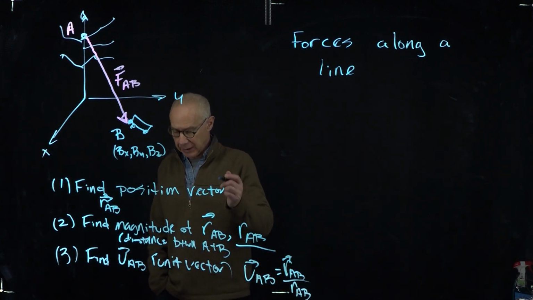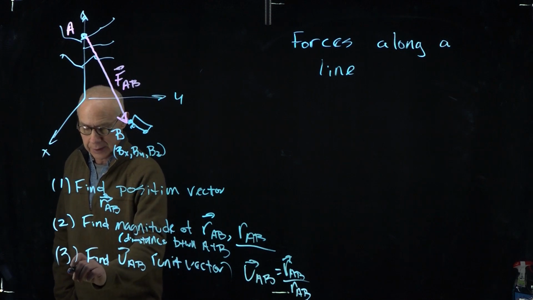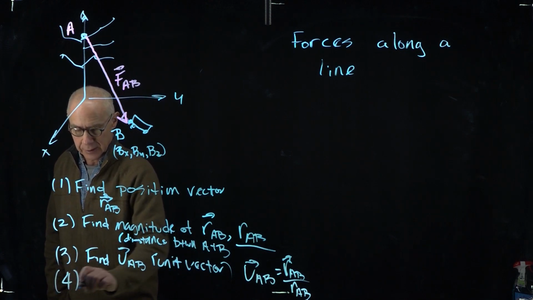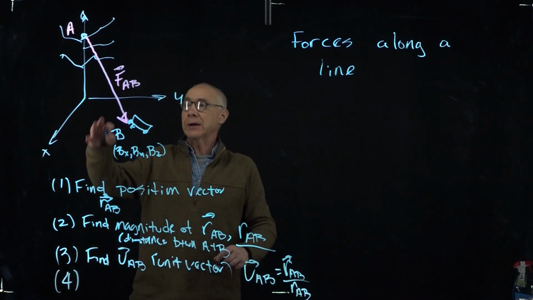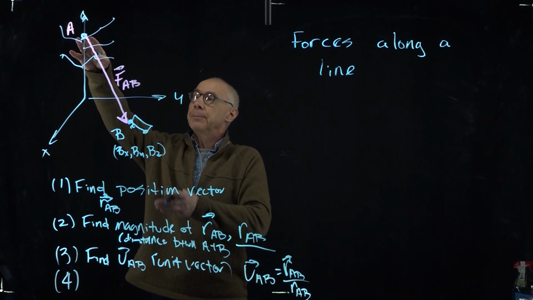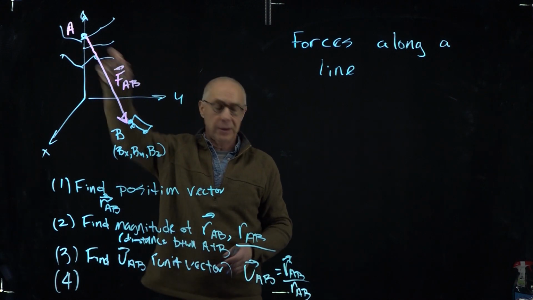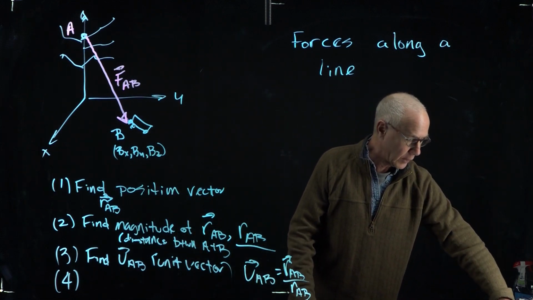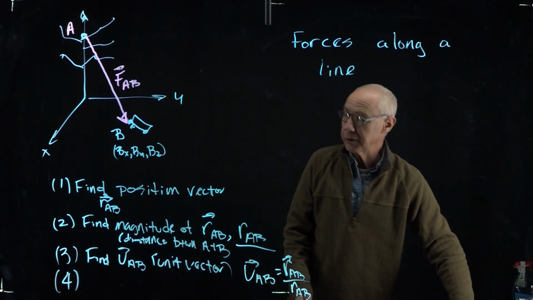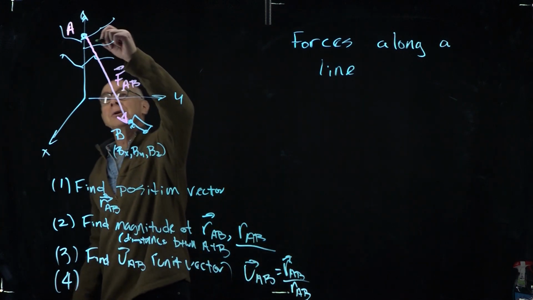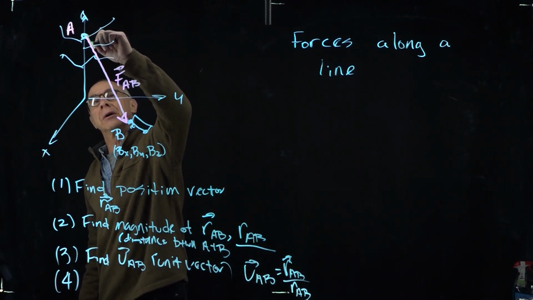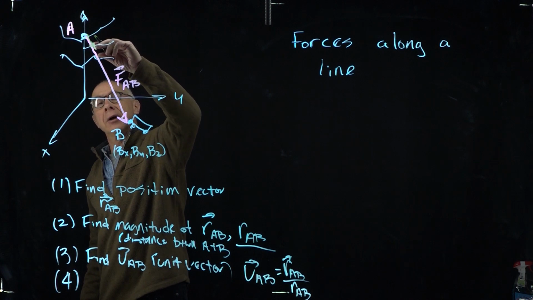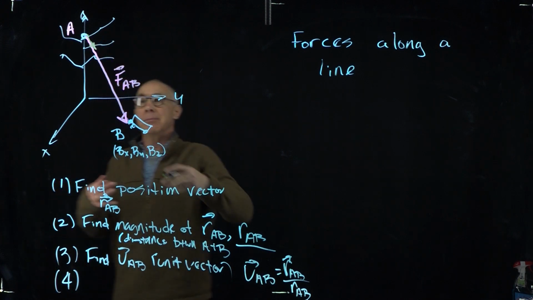And the fourth and last step is simply to find our force vector. So we know a unit vector basically. I'll draw it on here. So if we have a unit vector, I'll do it in green. Here's our unit vector here. And it basically has a magnitude of 1.